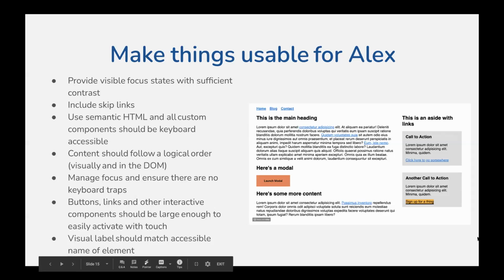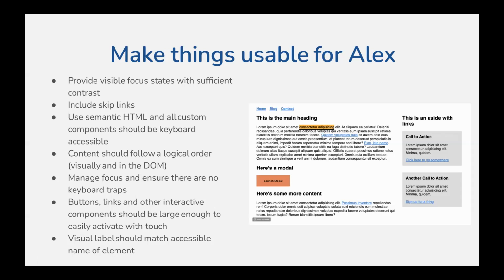Any visual labels on the page should also match the accessible name of the element. So I've seen sometimes people will have a link and the title of the link is set with the title attribute. They might change it to something else, which does not match the actual text that is contained within the link. So it might say read more within the link, but then the title attribute says something else.